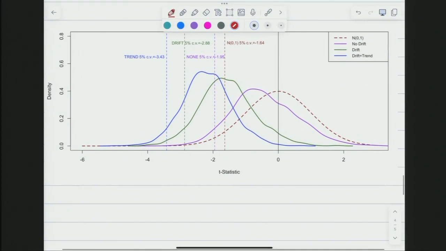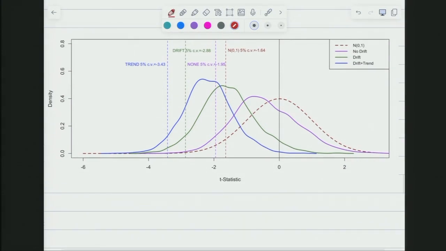So just to visualize the graph a bit clearer, on the distribution plot here, we have 4 different distributions. The dashed line corresponds to the standard normal. I've listed that there just for comparison, okay? And we know that the standard normal is always symmetric around 0.